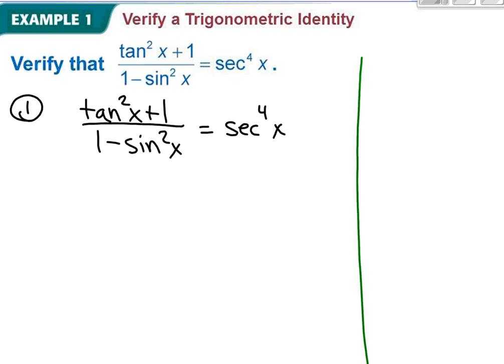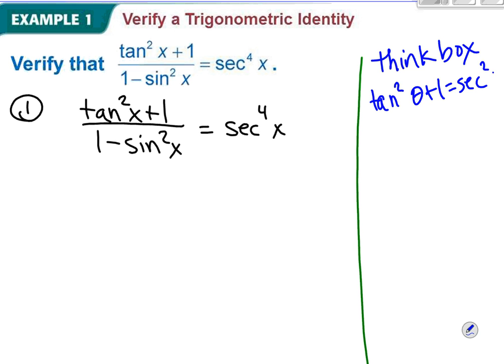So one of them is direct. Tangent squared theta plus 1 equals secant squared. So in my little think box, especially because when I'm recording this, people can't see what I'm pointing to on the wall here. The tangent squared theta plus 1 equals secant squared theta.